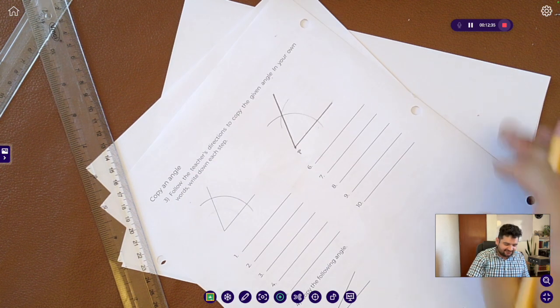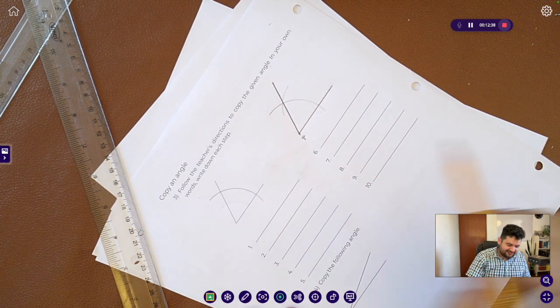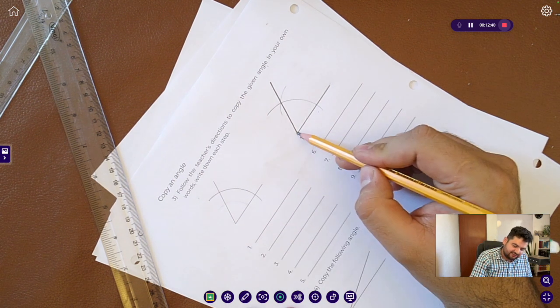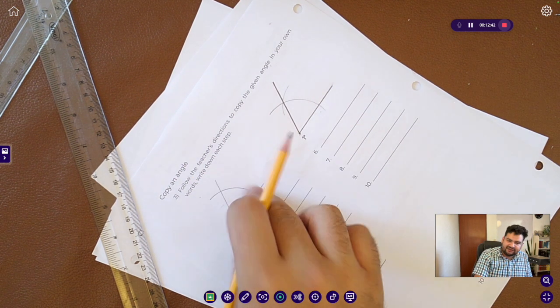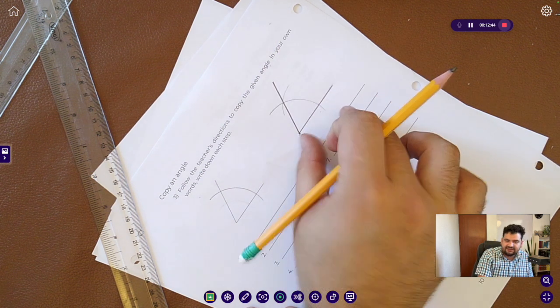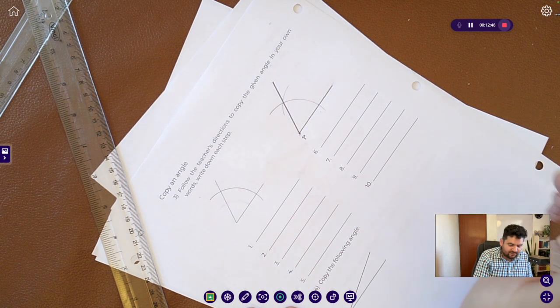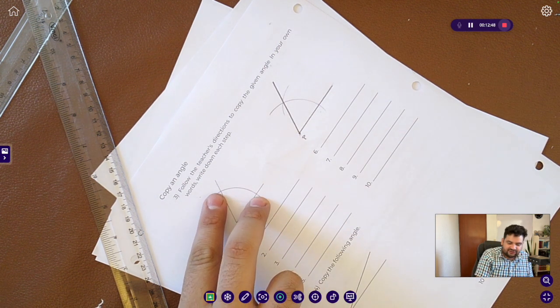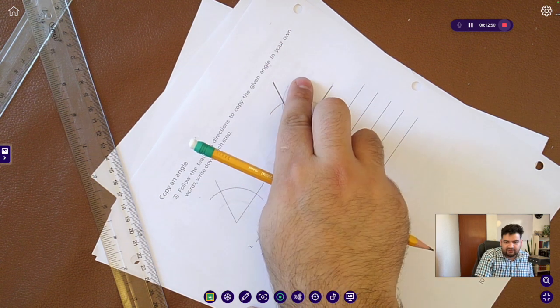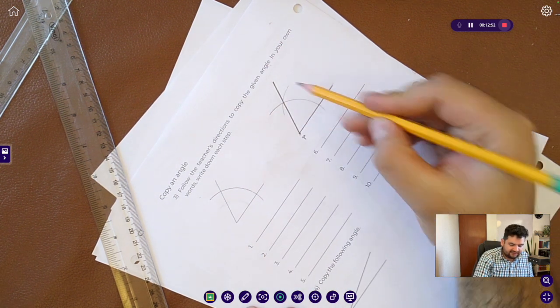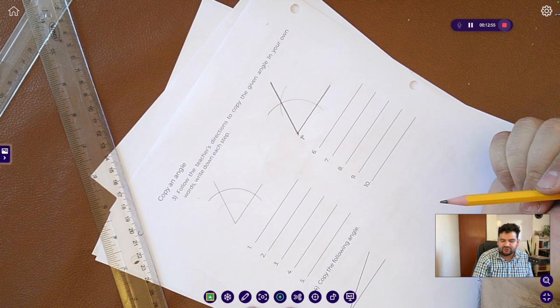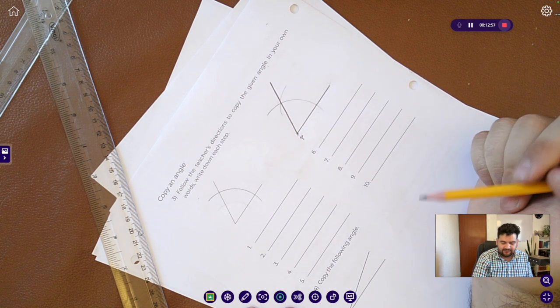And it is super cool. I am sorry that I committed a little mistake. So, point, ray, draw an arc, any openness, draw an arc, exactly the same openness, measure with the compass, draw an arc, and in the intersection, there's where you have your ray.